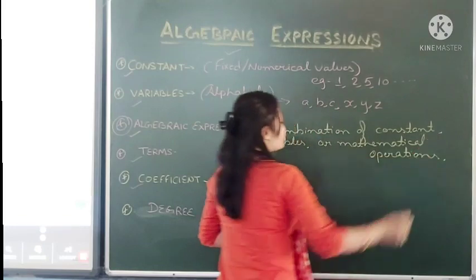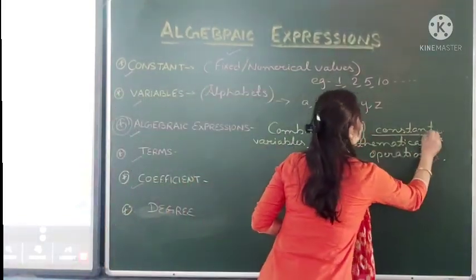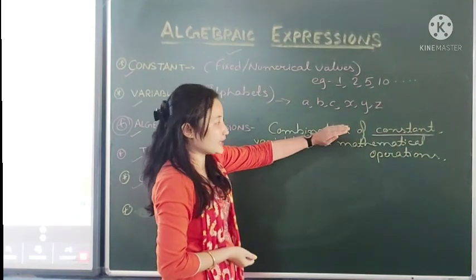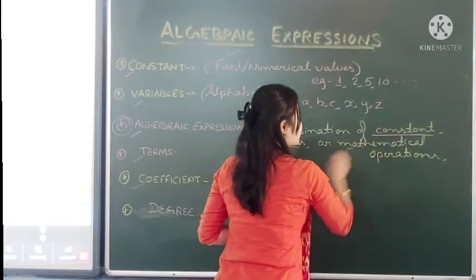So from this definition it is very clear that we have constant numbers, variables or mathematical operations.